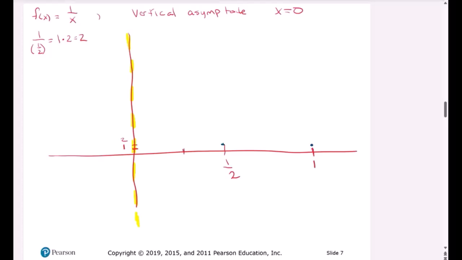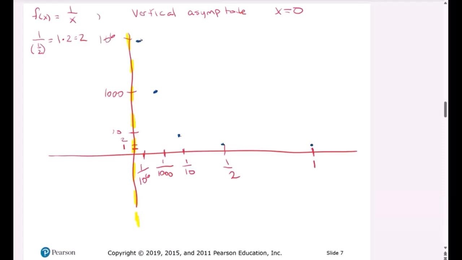And here's where things are not going to be to scale. Here is 1/10. Just like the last one, 1/10 becomes 10. Let's make this 1 over 1,000. I have another point at 1,000. Notice if I have 1 over 1,000,000, call it 10 to the 6th, that's going to be 1,000,000.